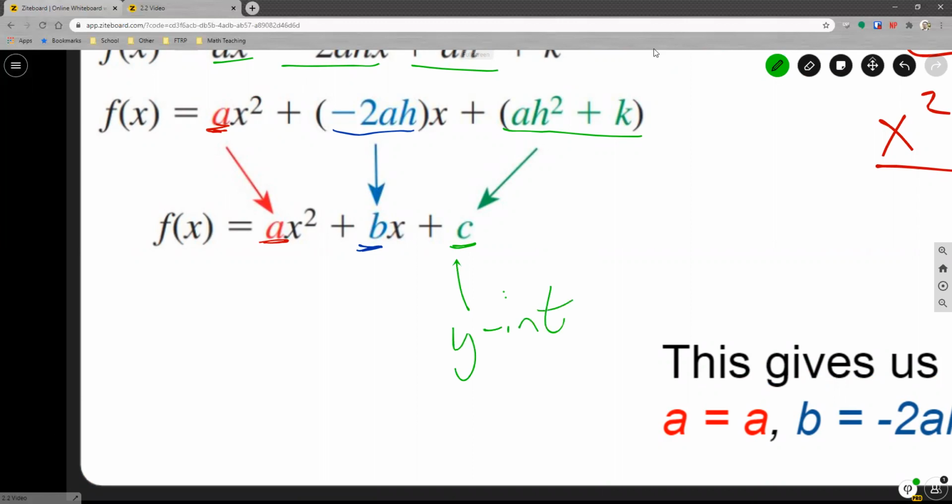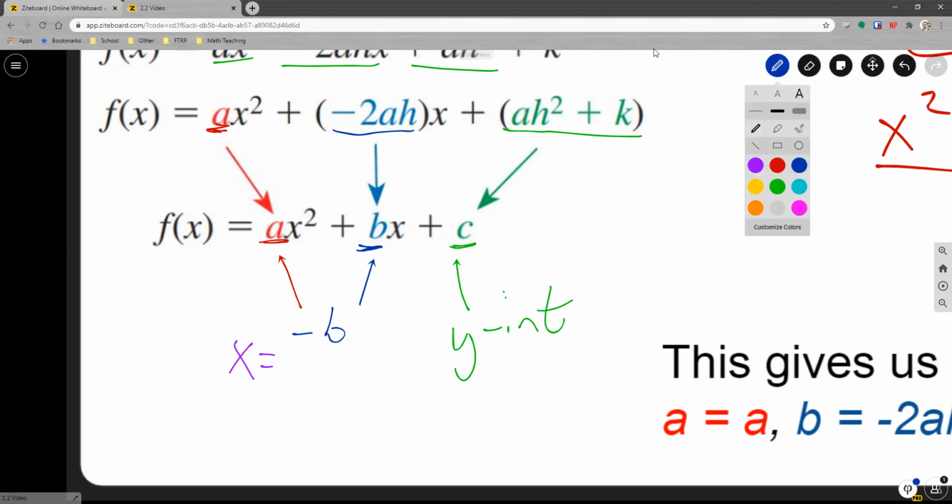The b value in conjunction with the a value, I can build the equation for my axis of symmetry. x equals negative b over 2a.